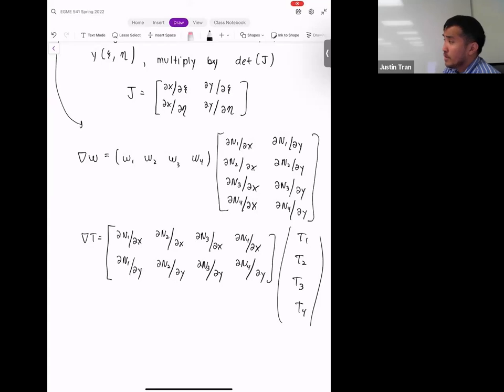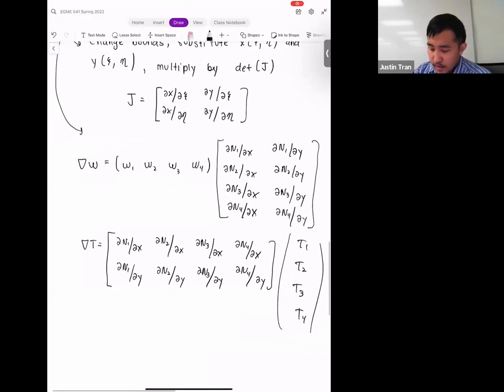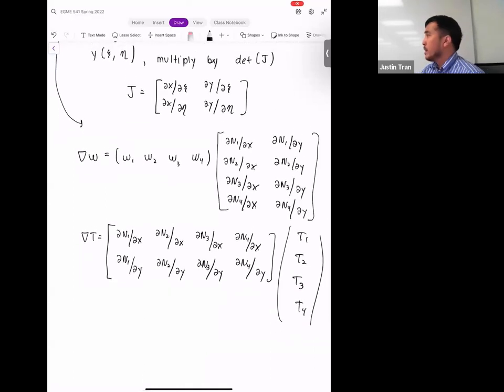Right, so that's fine, and this is a fine expression. Remember when we did this with the 2D triangle in physical coordinates, we had formulas that we plugged in for each of these cases, involving the area of the triangle and the different coordinates of that triangle. The problem now is that because we're working with an arbitrary rectangular element, our N1, N2, N3, and N4 shape functions are not given with respect to x and y.